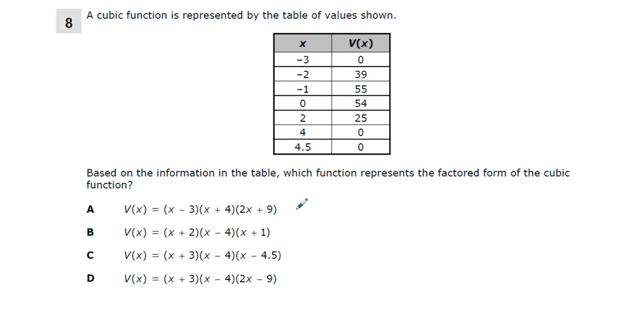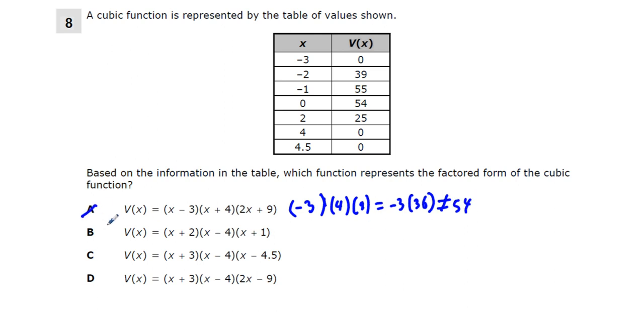So if we take this -3 in this answer choice A times 4 times 9, we're going to get -3 times 36, which is not equal to 54.